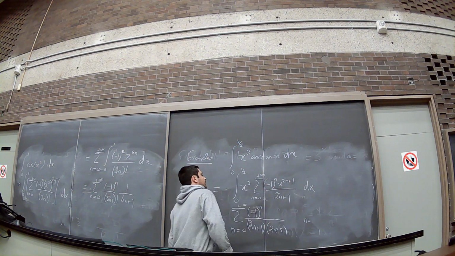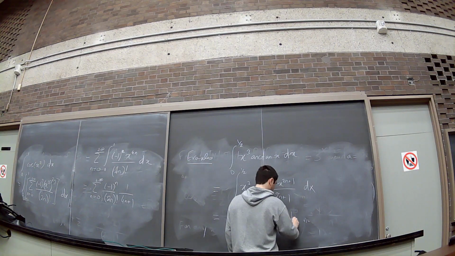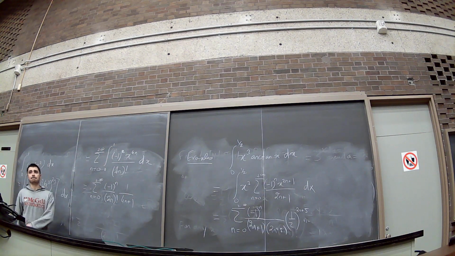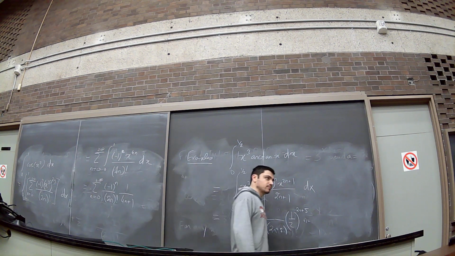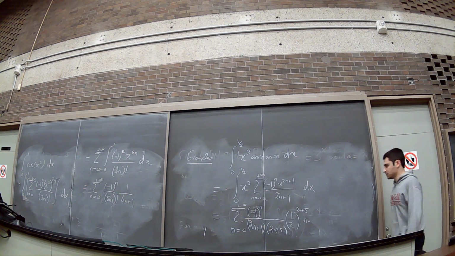Then I have to plug in the values of x to the 2n plus 5 from 0 to 1/2. This is how you do it. Just integrate, Calc 2 integration. Fundamental theorem of calculus, that's what you get.